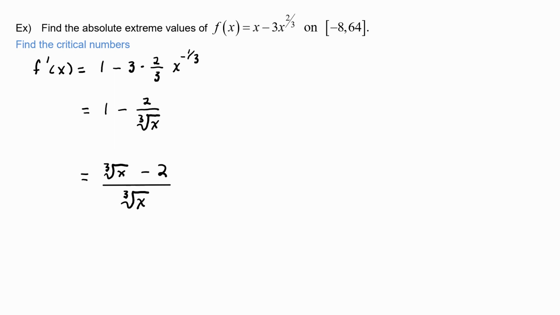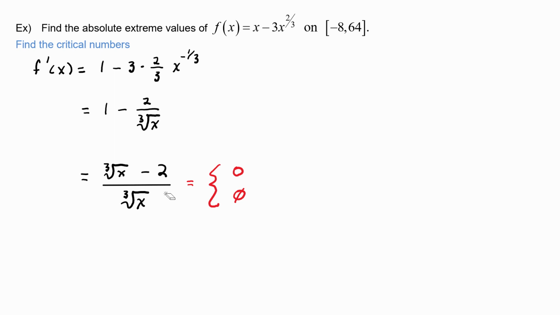Now to find the critical numbers, we have to find the x values where the derivative is either 0 or does not exist. Because we have a rational expression here, we know to get 0, we need the numerator to be 0 and the denominator to not be 0 at that x value.